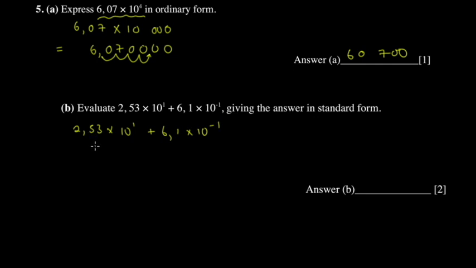So for this one, we can match the powers. Sometimes this method that I'm telling you is useful, but to compute the answer it's probably the slowest. So 6.1 times 10 to the power negative 1 here, you want to create times 10 to the power 1.